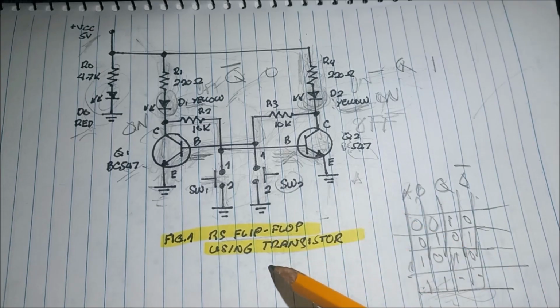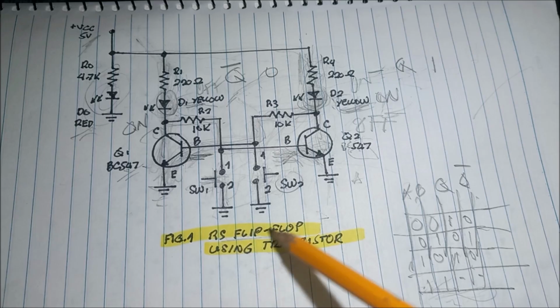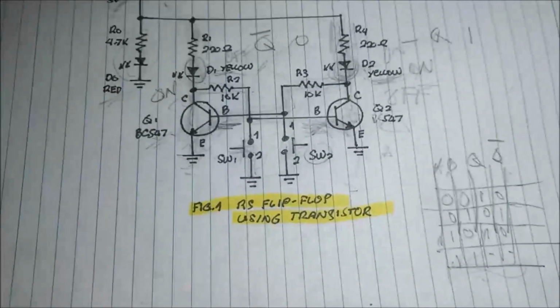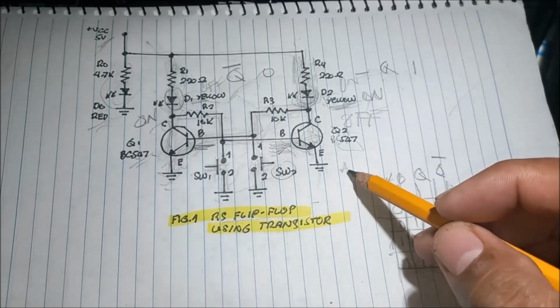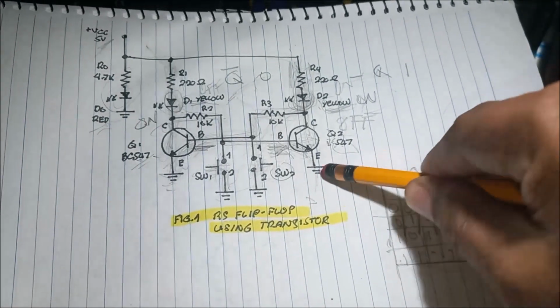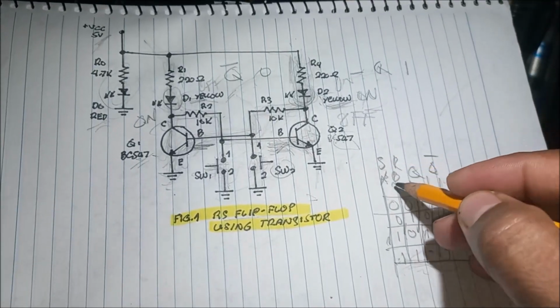It is used for designing electronic circuits. Instead of using A and B, we're going to use set and reset. That's why it is called set reset.